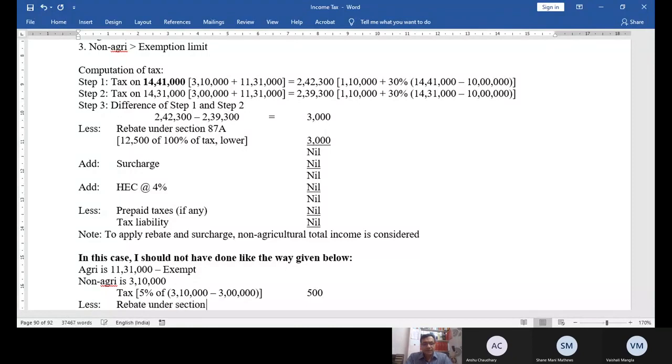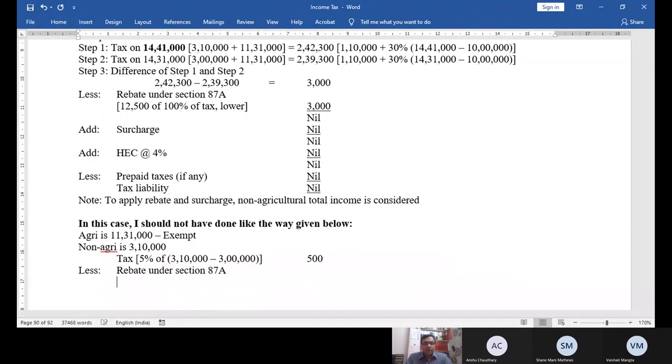Rebate under section 87A would have been 100% of tax or 12,500, whichever is less. 500 is less. Now coincidentally, with this way also, the tax is nil, but it is only a coincidence.